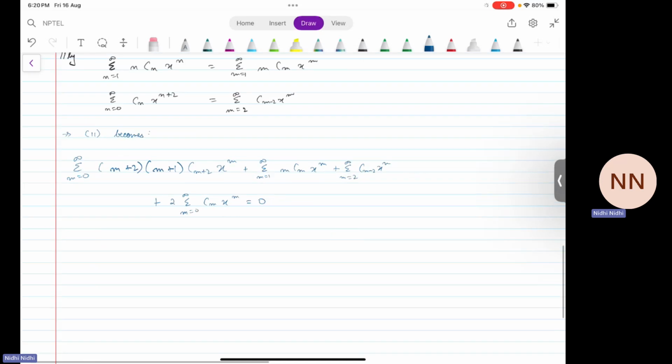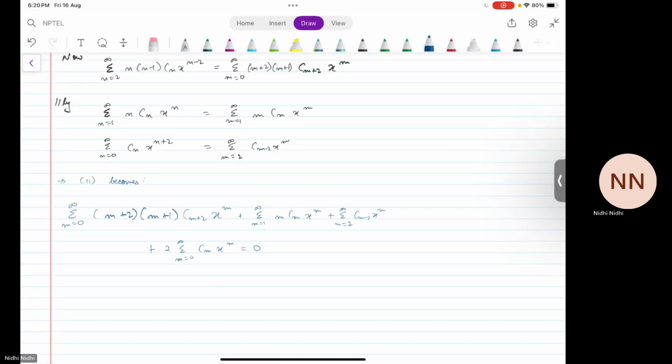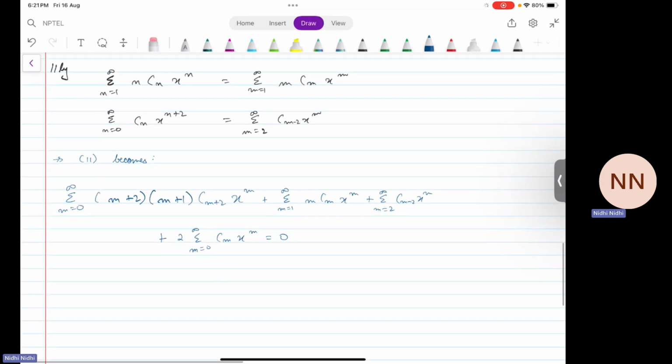All we have done is written the sums in such a way that we have the terms x to the power m everywhere. Now we can see that in some of the terms the sum starts from 0, some from 1, and somewhere from 2. We'll try to make this uniform. For example, in the first series, I'll take the first two terms, and then the rest of the sum would be from m equals 2 to infinity.